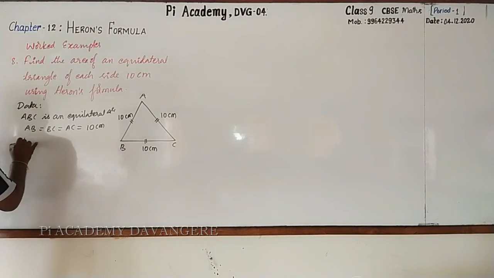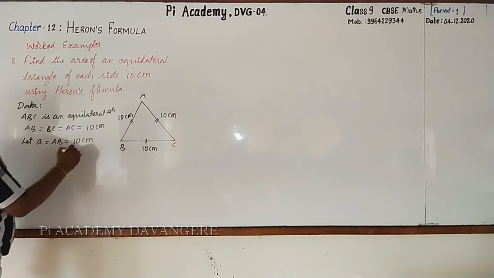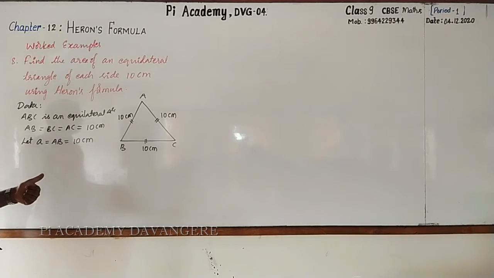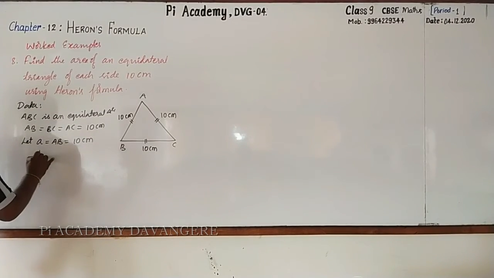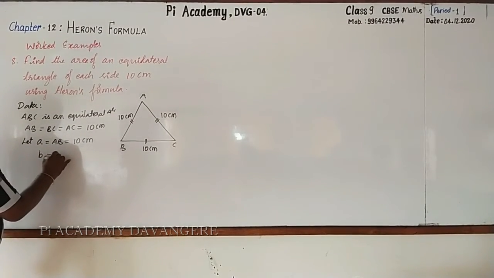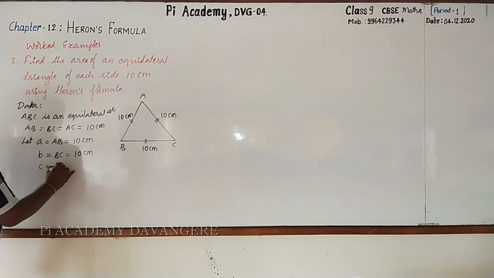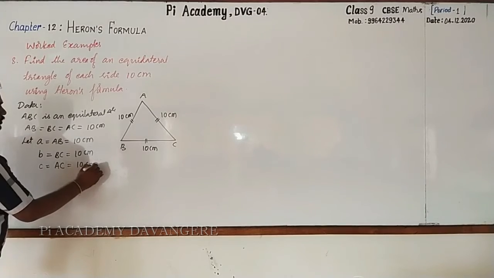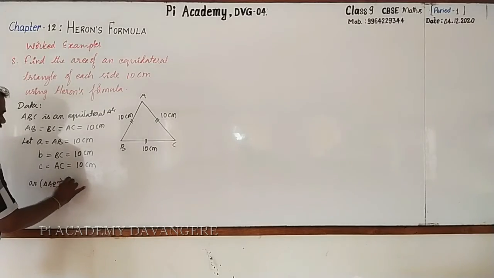And let us go for taking the sides as, let a equal to AB equal to 10 centimeter, because to use the Heron's formula, you must know small a, small b and small c. They are the sides. b equal to BC equal to 10 centimeter. c equal to AC, that is also equal to 10 centimeter. We have to find out area of triangle ABC.